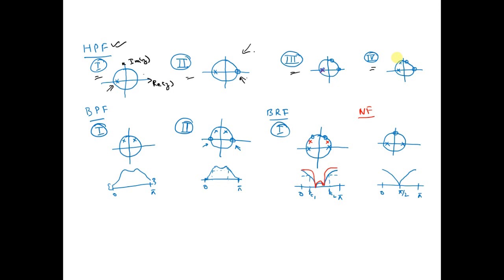Now coming to the band pass filter, the frequency response should allow a specific frequency band to pass. So if you see, there are 2 poles. This is the FC1, this would be the FC2.